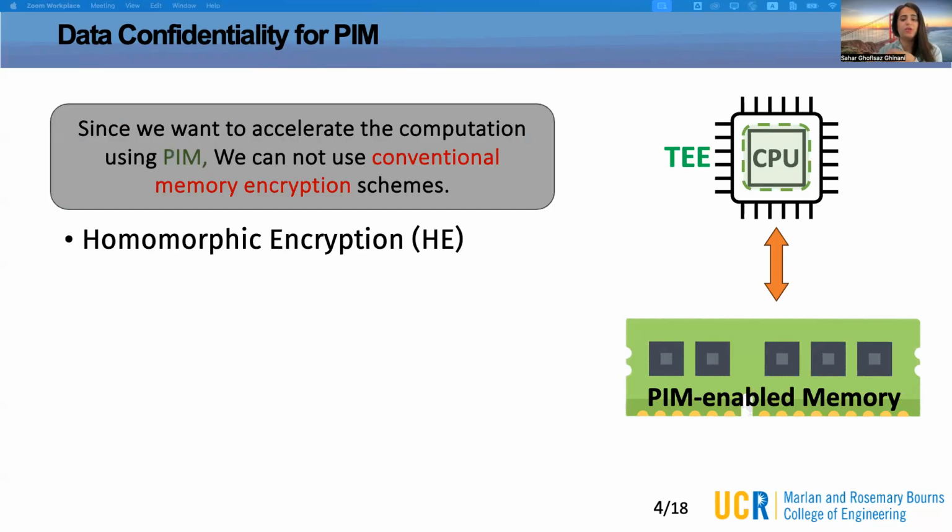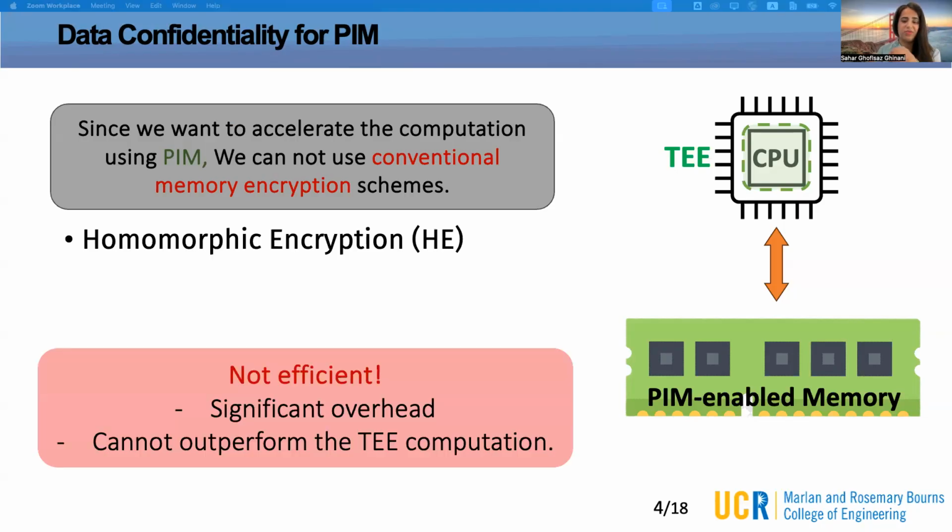So one way is to employ homomorphic encryption. It is true that HE enables computation over the ciphertext, but its high computational complexity and high bandwidth requirements result in a 3 orders of magnitude slowdown compared to the insecure CPU. So this definitely cancels out the benefits that we are getting from PIM.